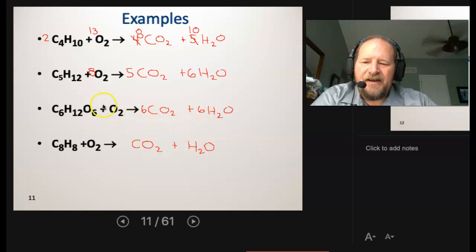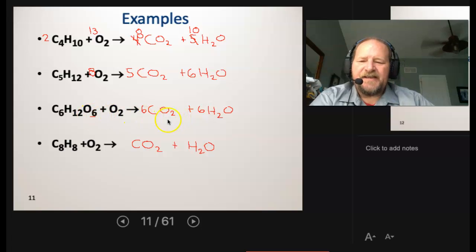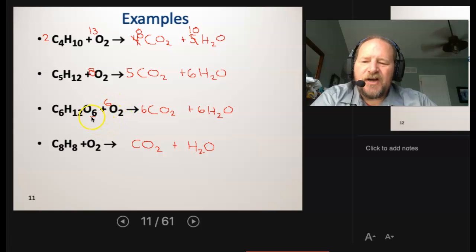Typically, I would just take a 9 and put it in front of the O2, but don't forget, we have these 6 oxygens over here. So I'm going to take that 18, and I'm simply going to subtract the 6 out. That's going to give me 12, and then I'm going to put 6 in front of the O2 to give me my 12 oxygens over here. We want to subtract out the oxygens on the sugar because I want to avoid putting anything right here.